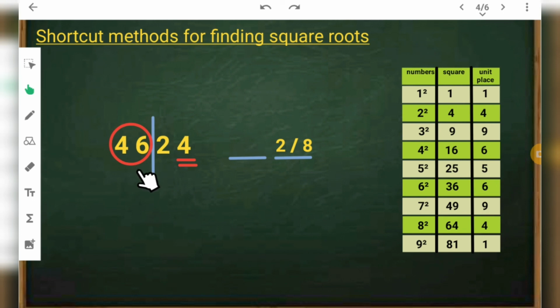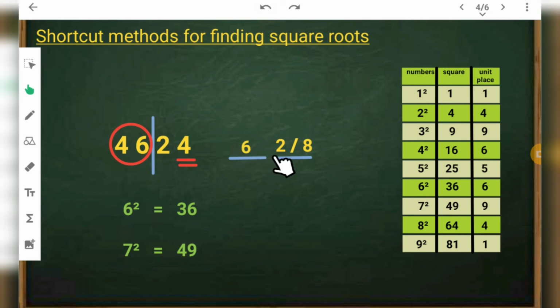And 46 is a number which is near to the square values 36 and 49. That is, 46 lies between these two numbers. Now see, 6 square is 36, 7 square is 49. Okay, so I am going to write the smaller number 6 over here.